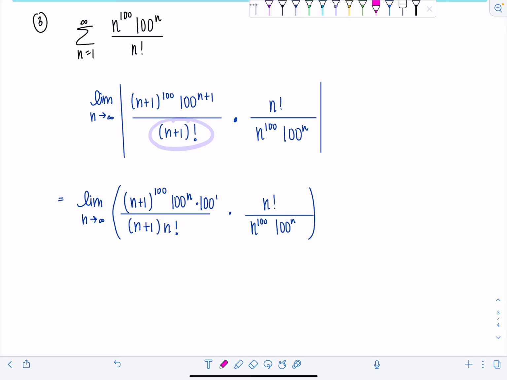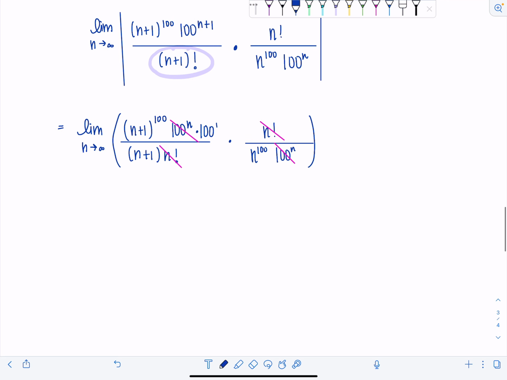Okay, so let's start canceling away. We've got 100 to the n, that is gone. N factorial, that is gone. And anything else? No. Okay, so let's see how to work with what's left. We've got the limit as n approaches infinity.